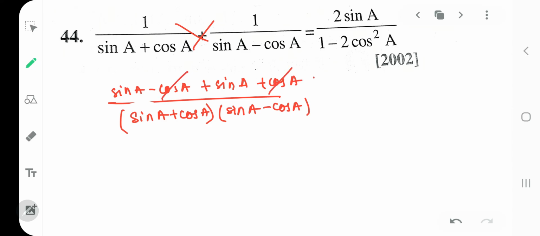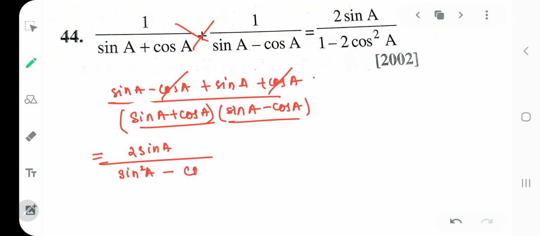Cos A is cancelled. So towards your numerator you have 2 sin A, and down A plus B, A minus B, you will write A square minus B square, that is sin square A minus cos square A.